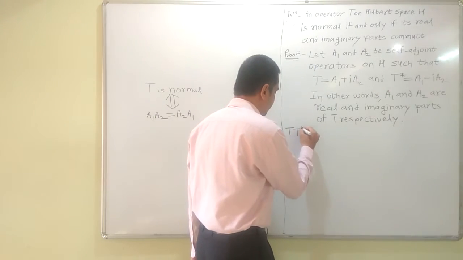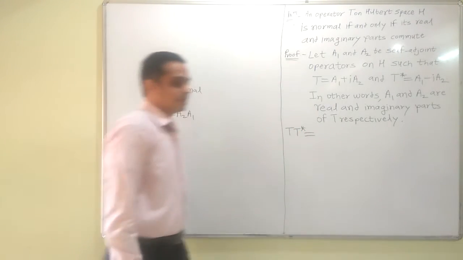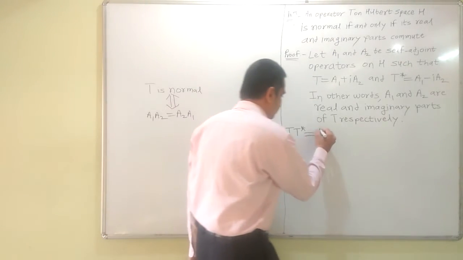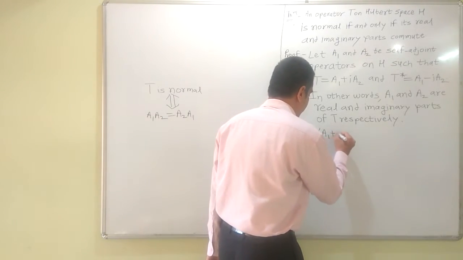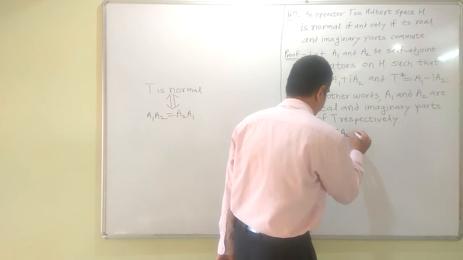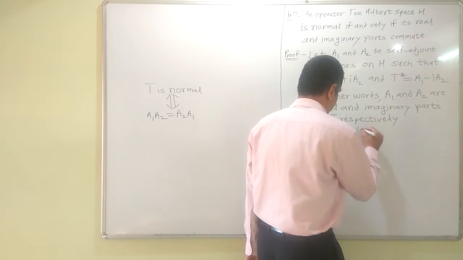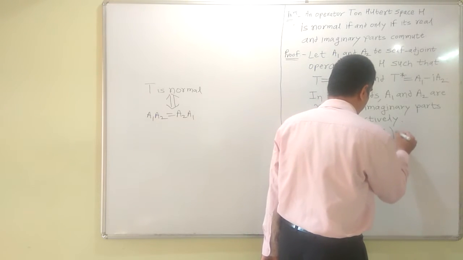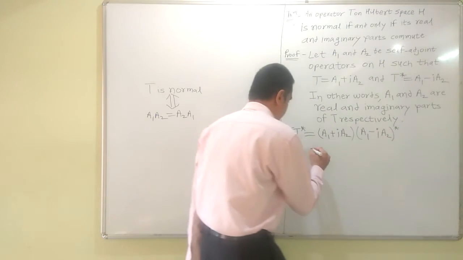So T T star, we are going to consider T composition T star. That equals A1 plus iA2 composition A1 minus iA2.